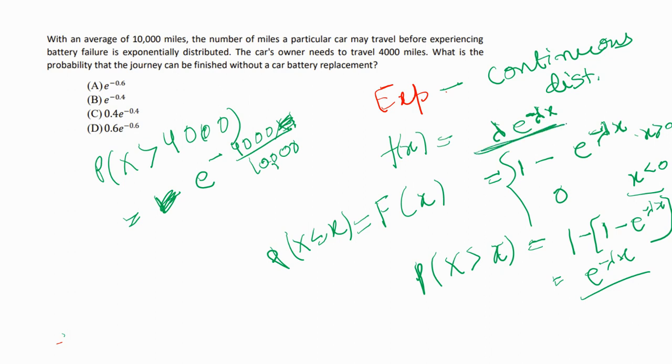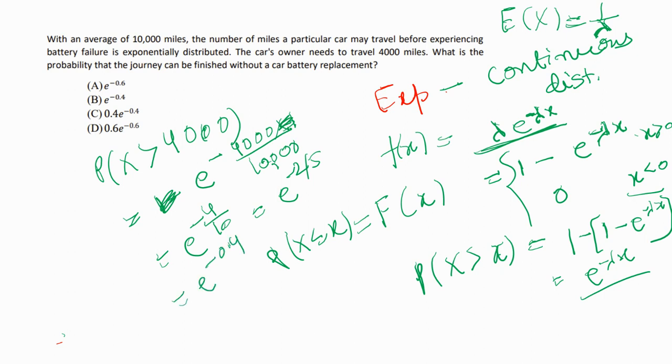So if the density is lambda e to the power minus lambda x, then the expectation of x is 1 upon lambda. The average given here is 10,000 miles, so lambda will be 1 upon 10,000. So it will be e to the power minus 4 upon 10, which is minus 2 upon 5. So this will be the answer.